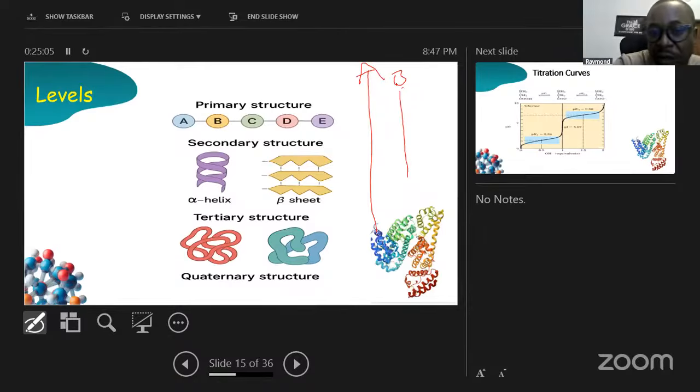Now, in chain B, we have a sulfur-containing amino acid, which is cysteine. Anytime you see anything like that, know that it is cysteine that is present, because cysteine is the only sulfur-containing amino acid that has a free hydrogen. Methionine doesn't have one, so it cannot be methionine.